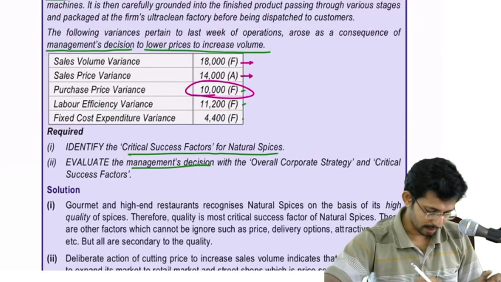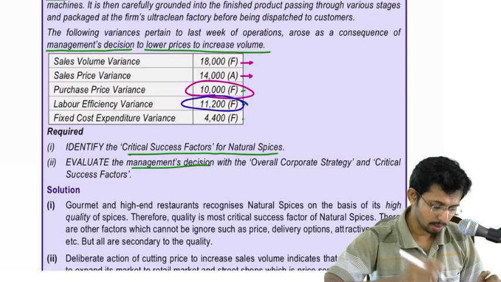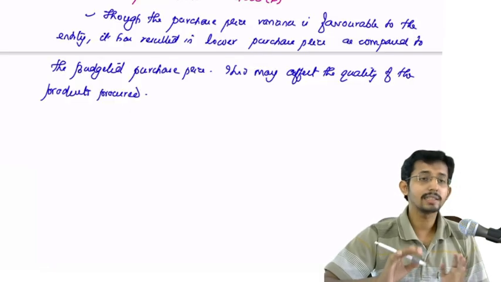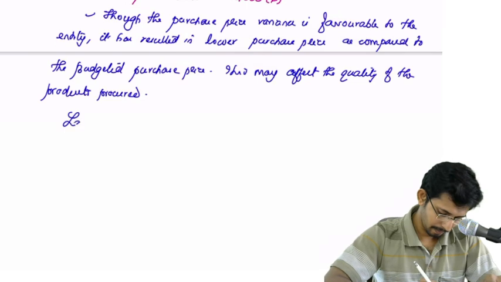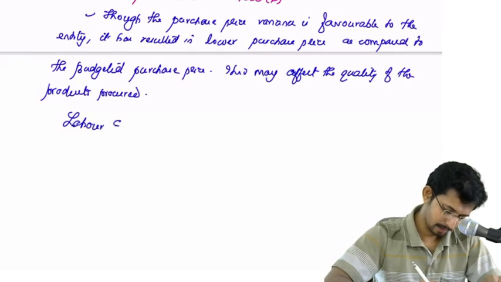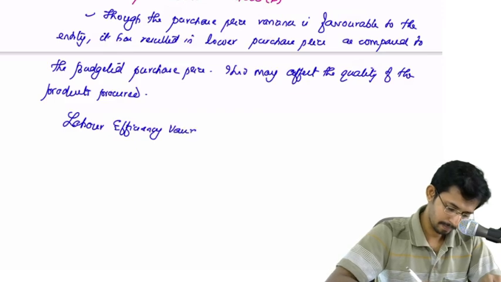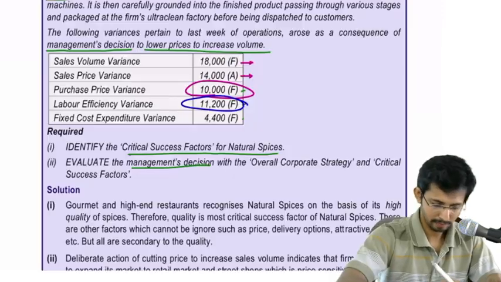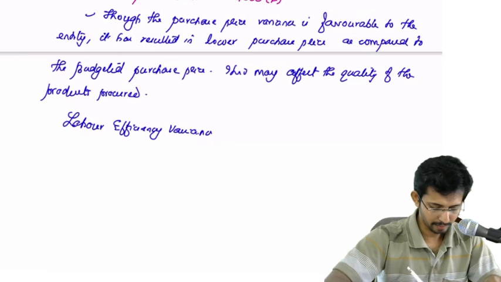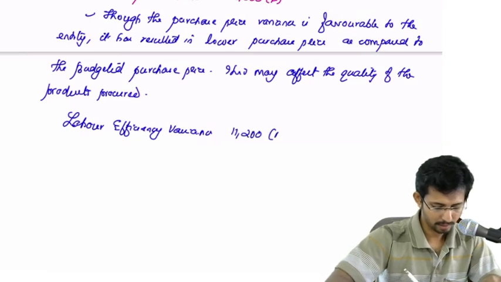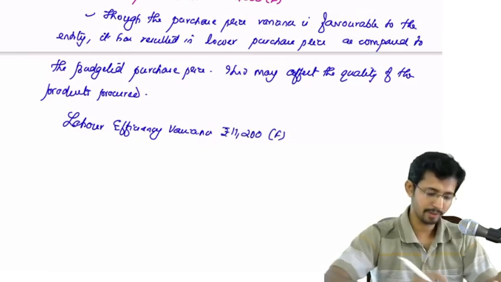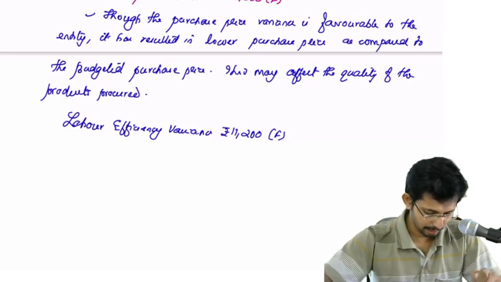Now which is the next one? Labor efficiency variance 11,200 favorable. Again, this is a favorable variance. Labor efficiency variance, rupees 11,200 favorable. Now what is this labor efficiency variance?